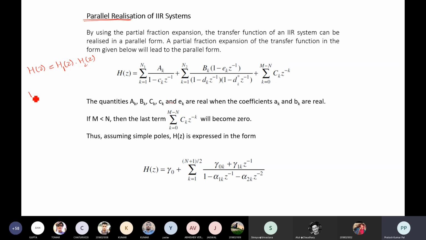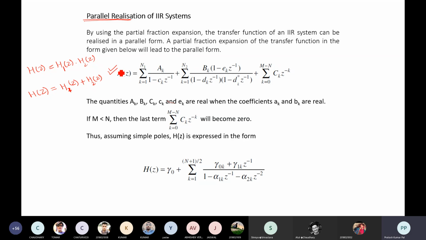Similarly, in parallel realization, we write H(z) as the addition of different transfer functions. So instead of multiplication, H(z) will be represented as a summation of different transfer functions. To make these summation terms, we will use the partial fraction method on the given transfer function.